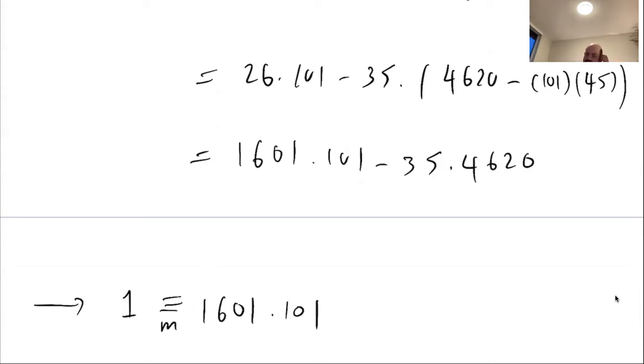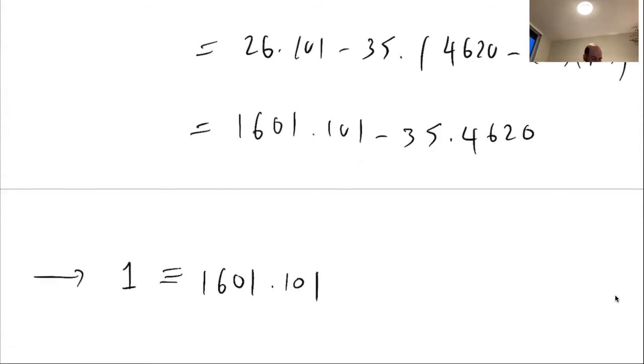The other term is a multiple of M. M here is 4,620. And a multiple of M is always 0 mod M. Well, there you are. We got the inverse of 101.